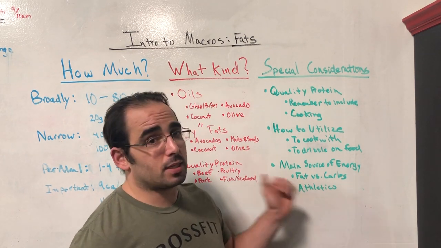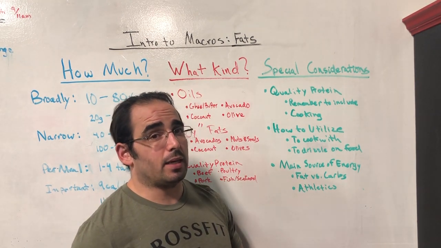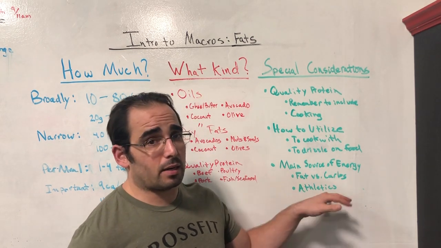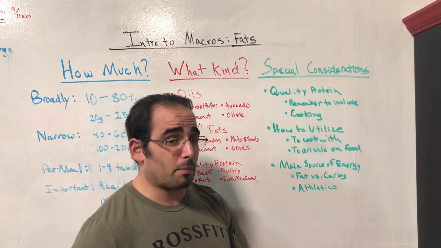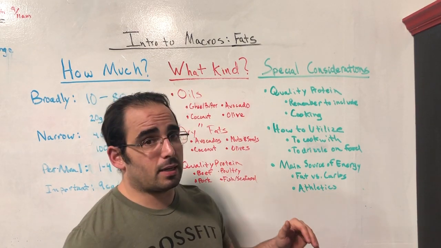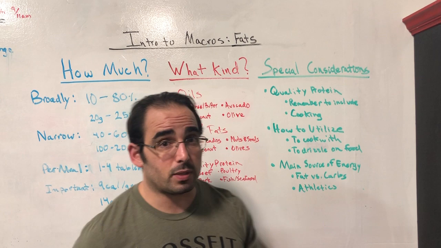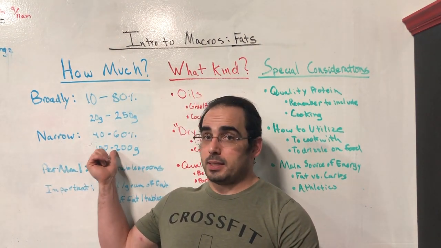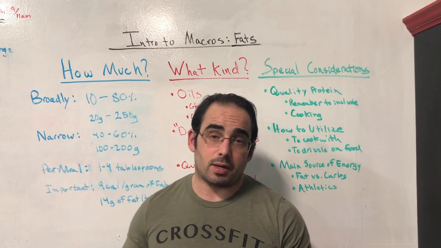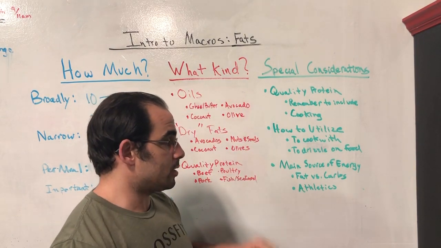So when push comes to shove, fat is the main energy source of your body. And it's not that carbs can't be utilized for certain things, or not that they're not necessary for certain bodily processes, but generally speaking, fat is going to be your main fuel source, which is why it's making up a decent amount of the calories of what you're going to be consuming.